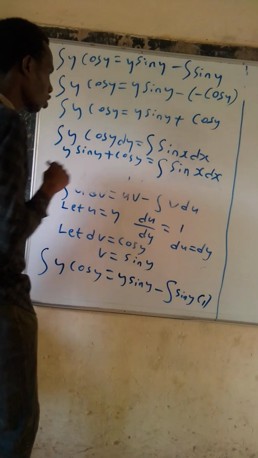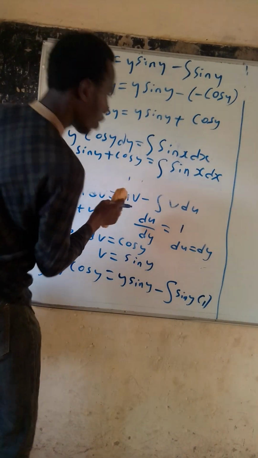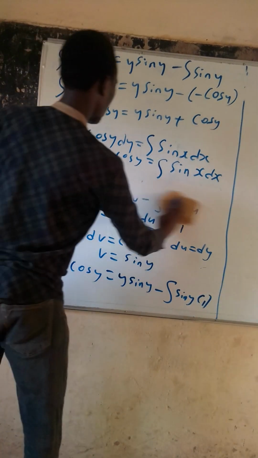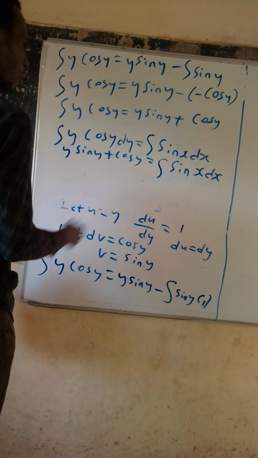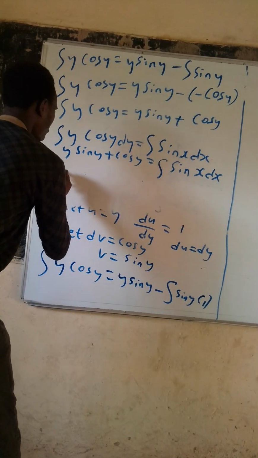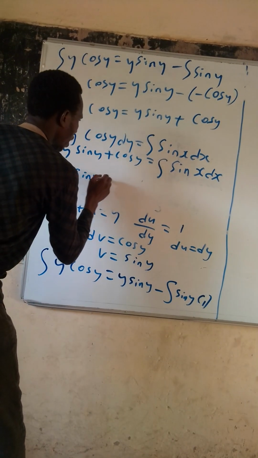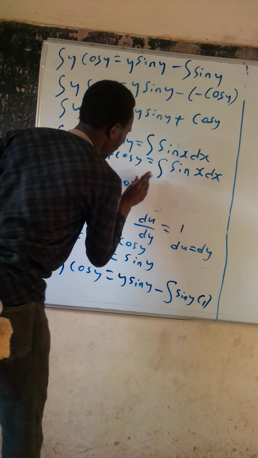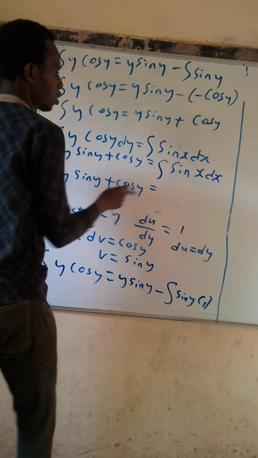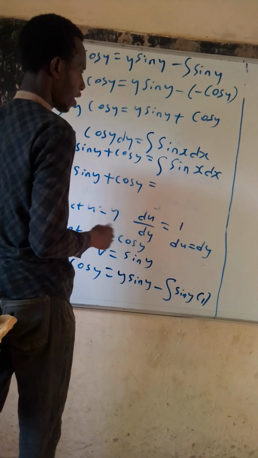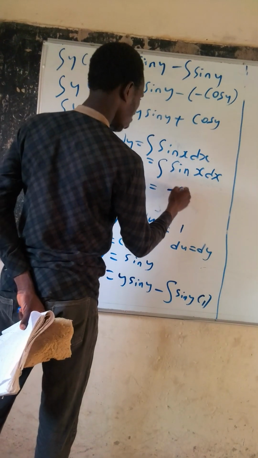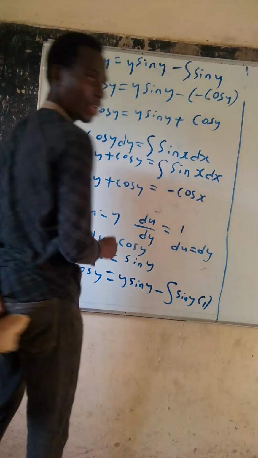So having done that, what are we going to do next? We are going to solve it for that. So we have y sine y plus cos y equals the integration of sine x, which is minus cos x. Are you getting it now?